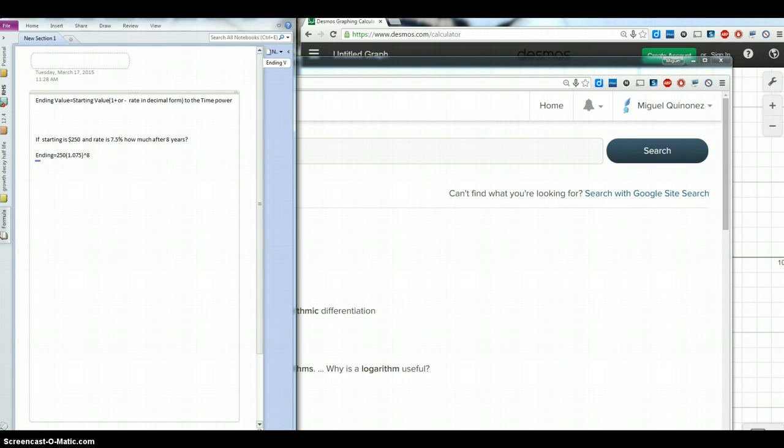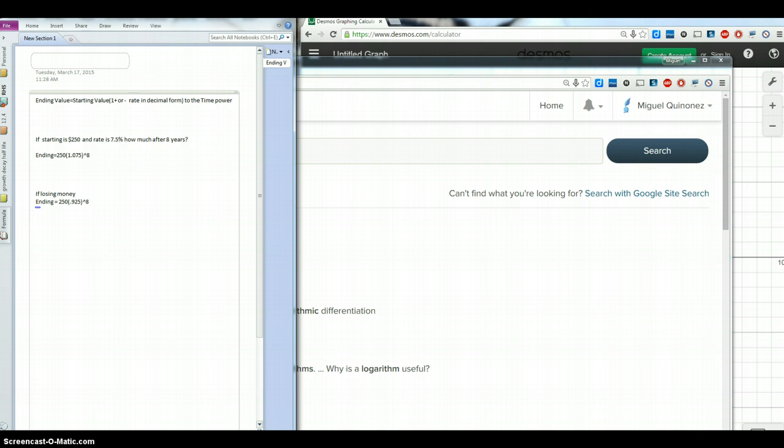Okay, if I was losing money with the same problem, then my ending would be 250, and then it'd be 1 minus 7.5%, so it'd be $1 minus 7.5 cents, which would be 0.925, to the 8 power.